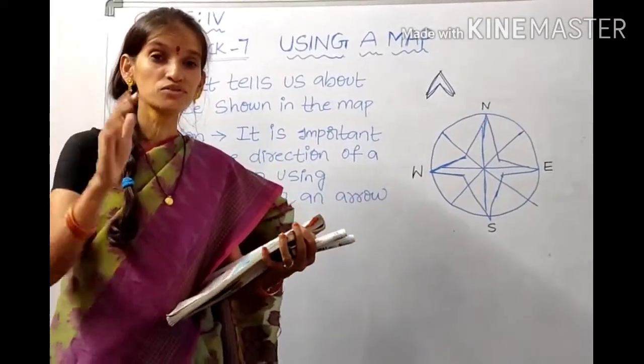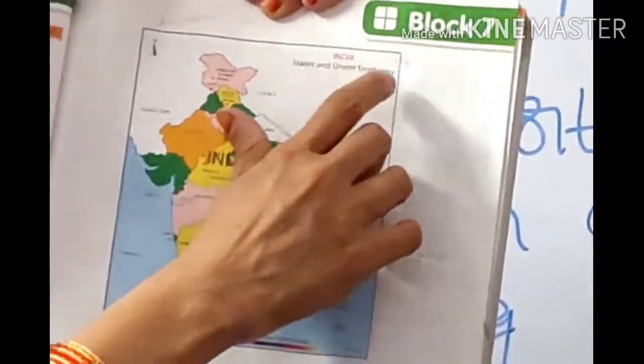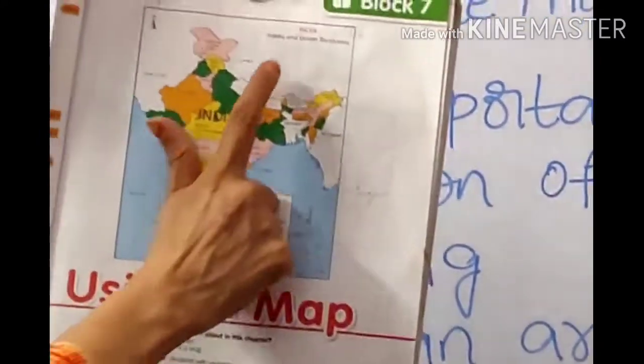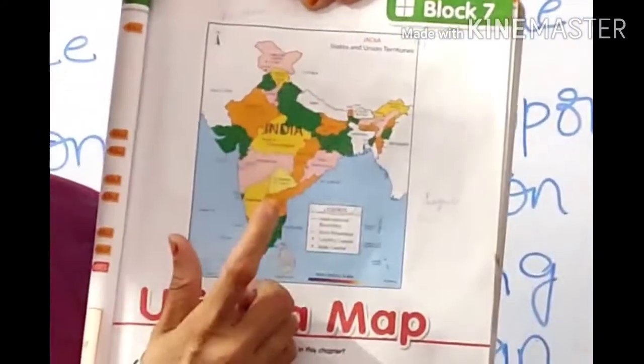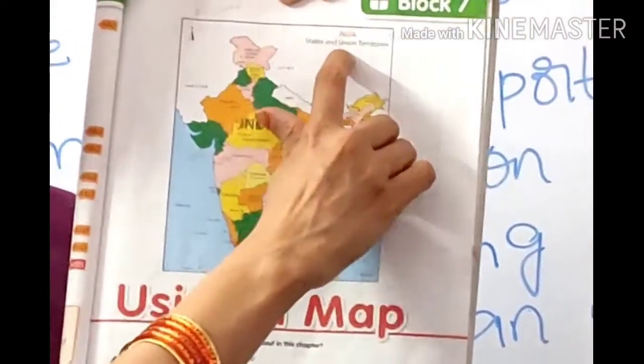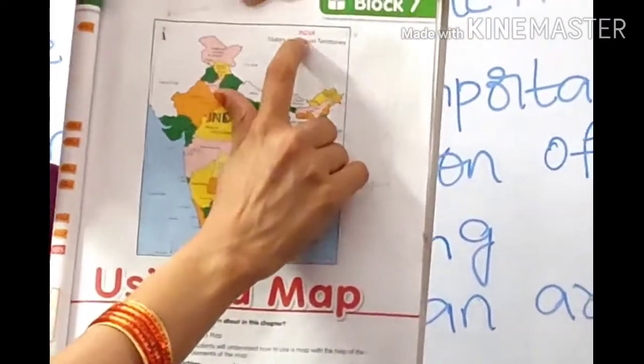If you have seen in your textbook, here I have shown the map of India with states and union territories. So it is a map of India, and it is saying about states and union territories.